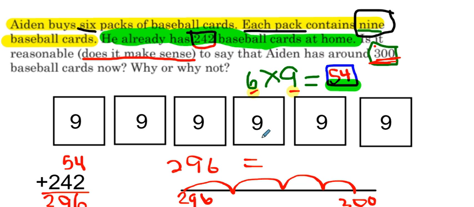We can also round this, and when I round, I make sure that I want to round, in this case, to the hundreds. Because if you look, we are looking if it's close to 300. Okay, so I circle the hundreds place. This is the ones. This is the tens. And this is the hundred place.